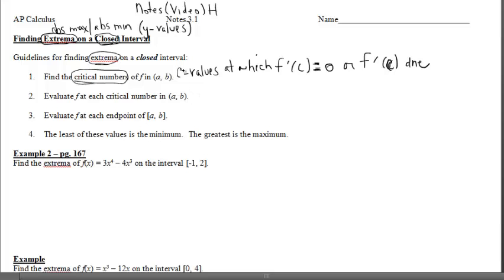So these are the c values on this interval where the slope is 0 or the slope does not exist.